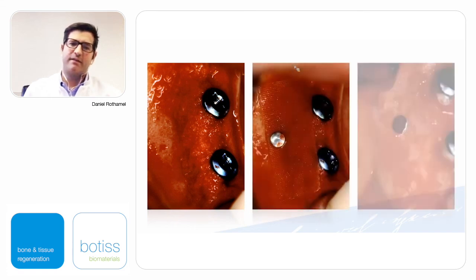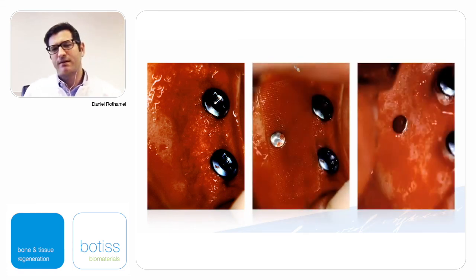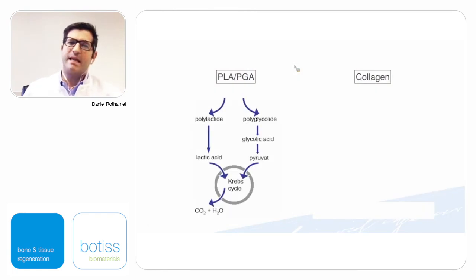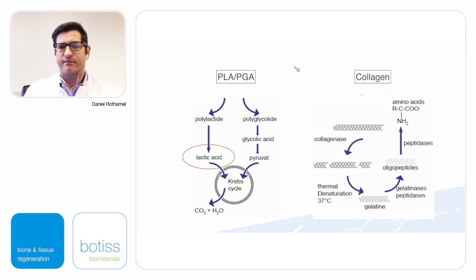They have the big disadvantage, even if sometimes the healing is quite acceptable, that when they biodegrade, we see a high acidity of the tissues based on the presence of lactic acid, and this attracts inflammatory cells, leading to compromised bone formation or even bone absorption around these materials.